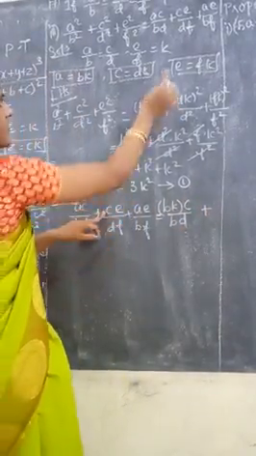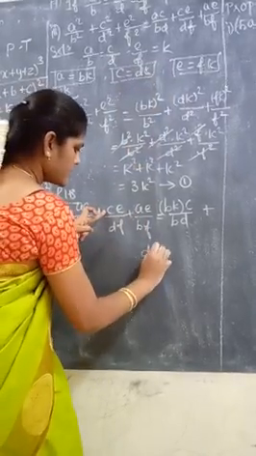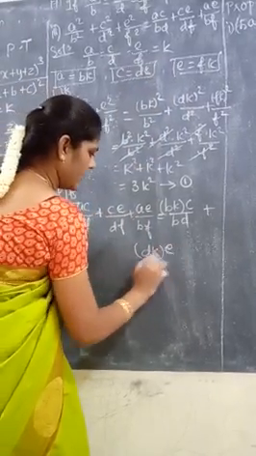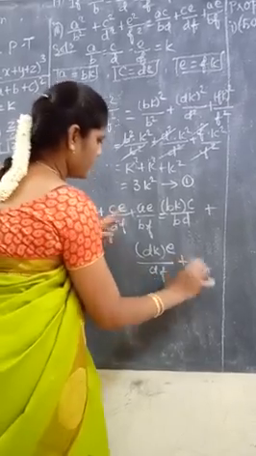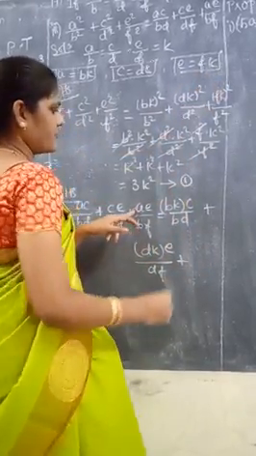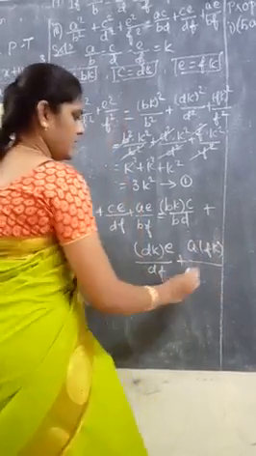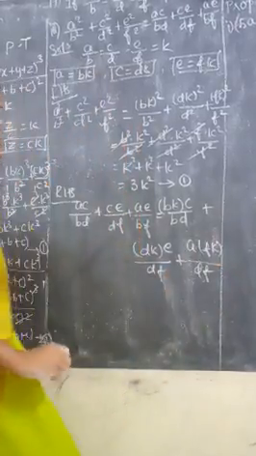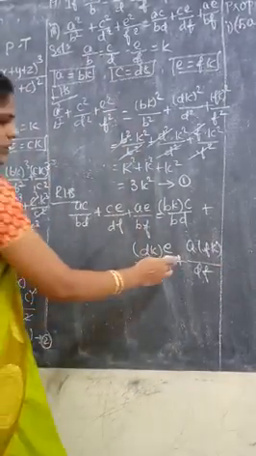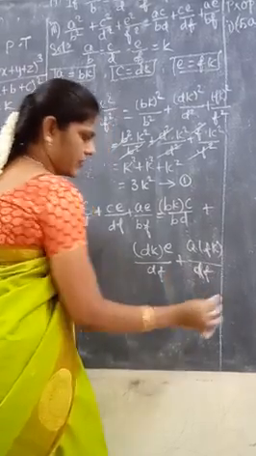Plus, what is the c value? dk. So dk into e divided by df, plus, what is the e value? fk. So a into fk divided by bf.